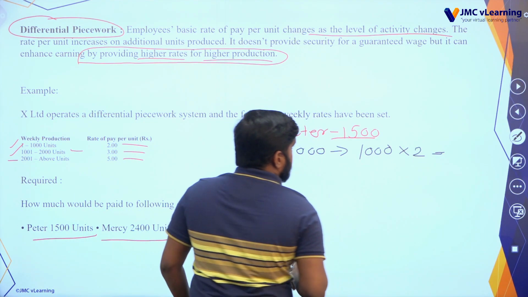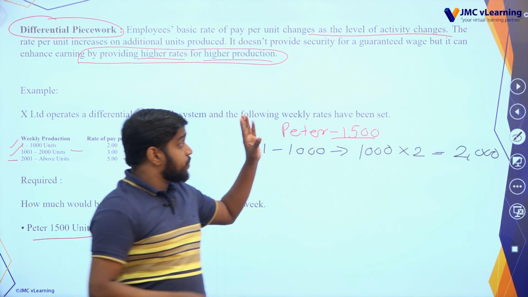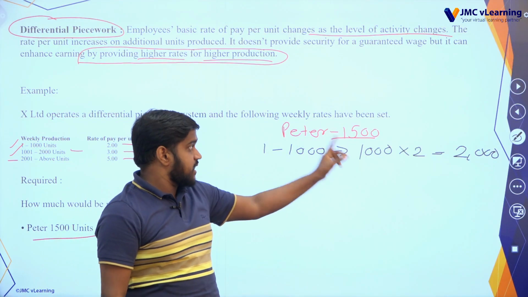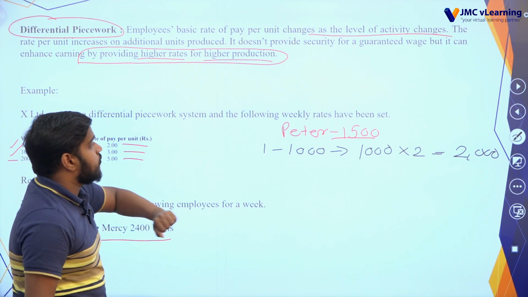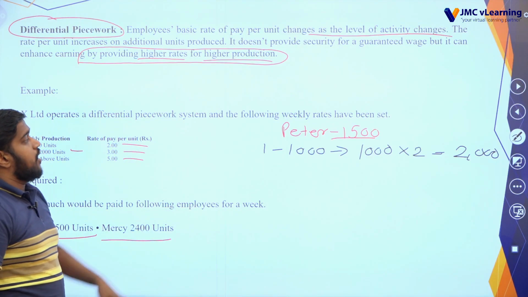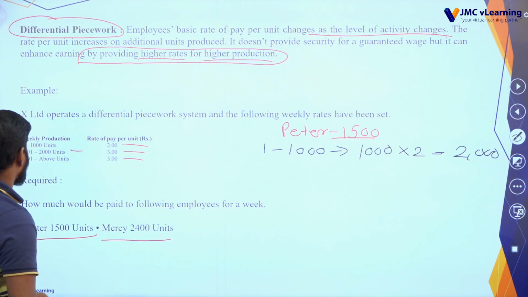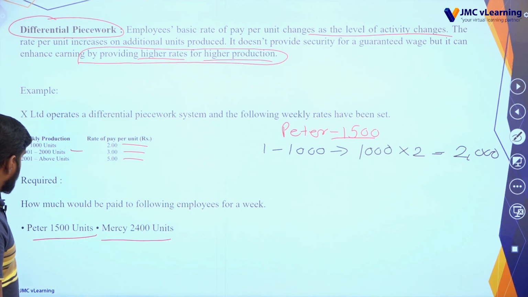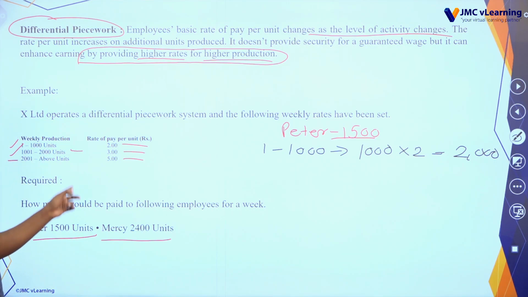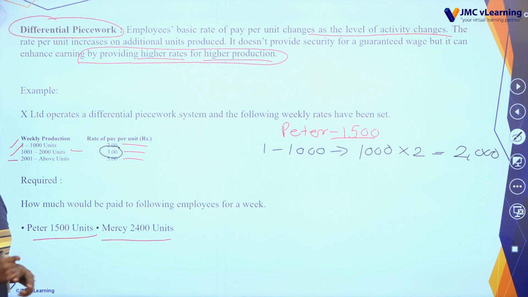That means he is eligible to get 2000 for the first 1000 units. Then we have the remaining 500 units. How about the per unit rate for these remaining 500 units? As per the guideline set, if some employee produces 1001 to 2000 units, this employee is eligible to get 3 rupees per unit.